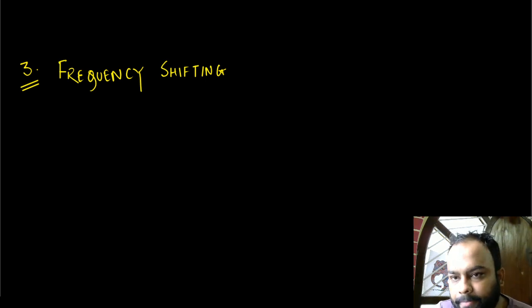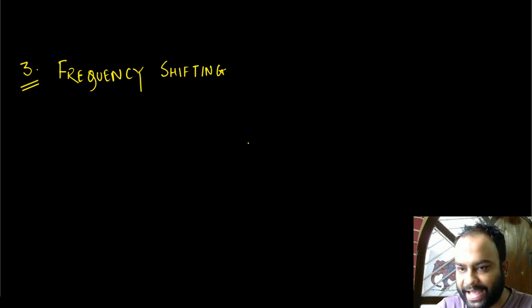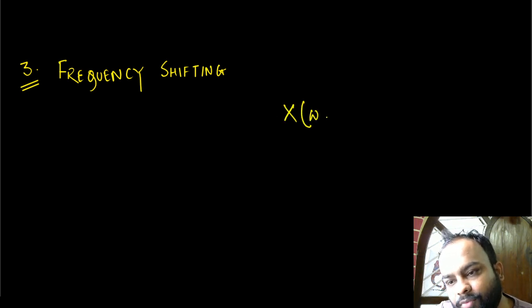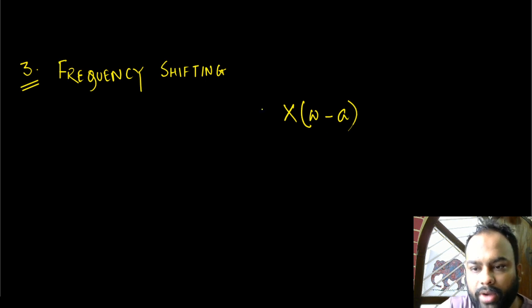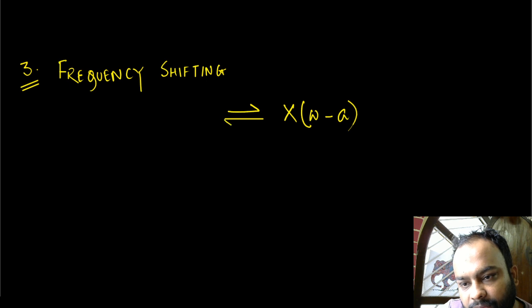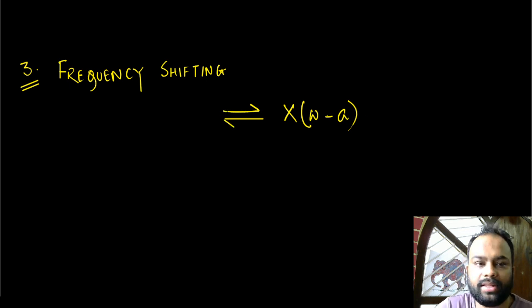The question is this: if X(omega) is the Fourier transform of x(t), then what is that thing for which the Fourier transform is this? What if there is a shift in the frequency?